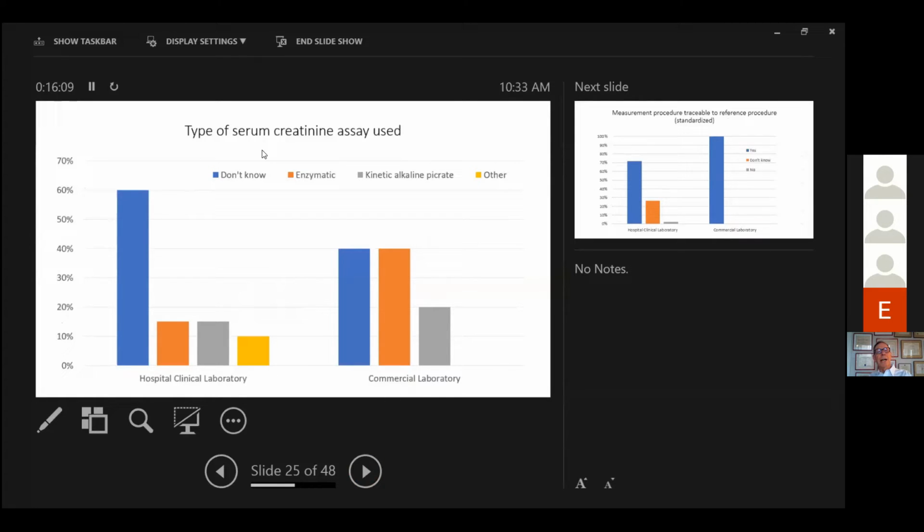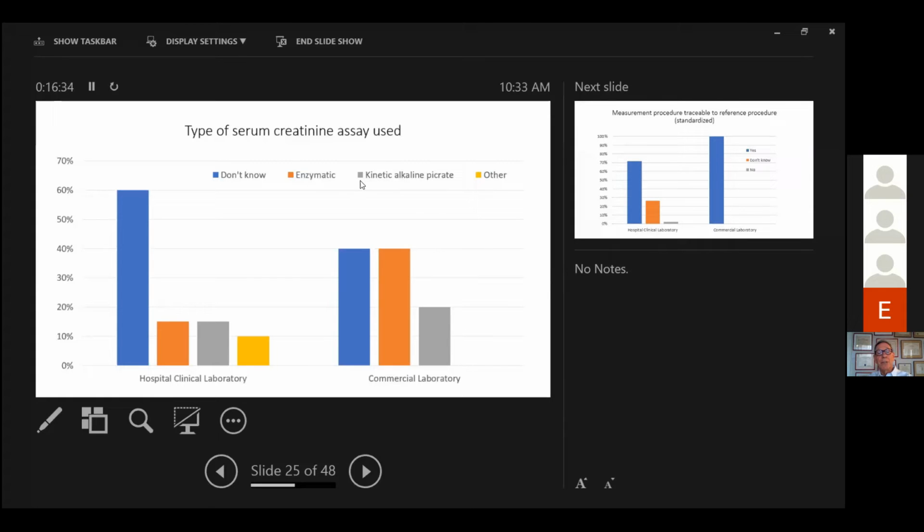And first we ask what type of serum creatinine assay is used. And not surprisingly, a lot of people don't know, right? Among those who knew, enzymatic assays are as frequent or more frequent than the kinetic alkaline picrate assay.